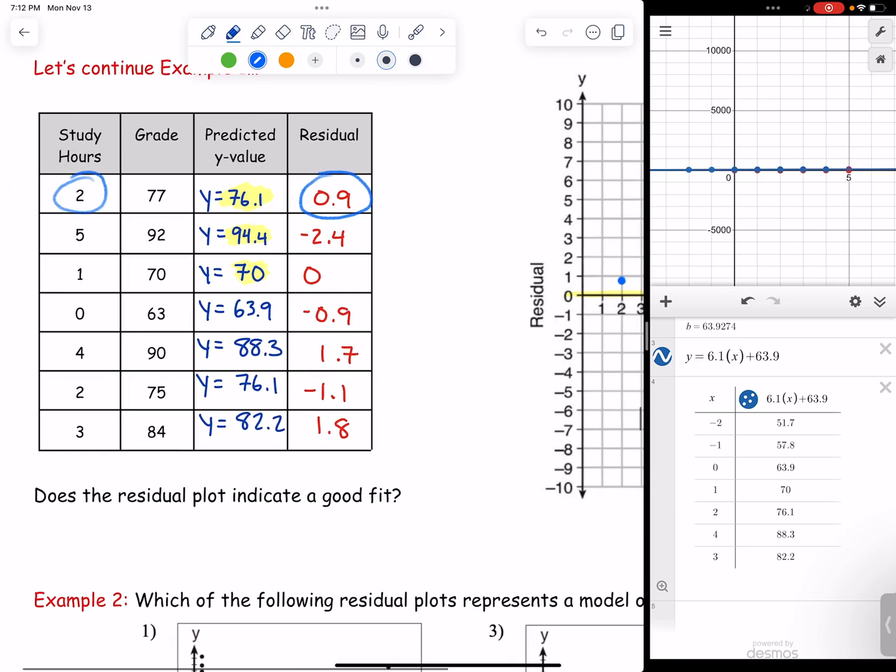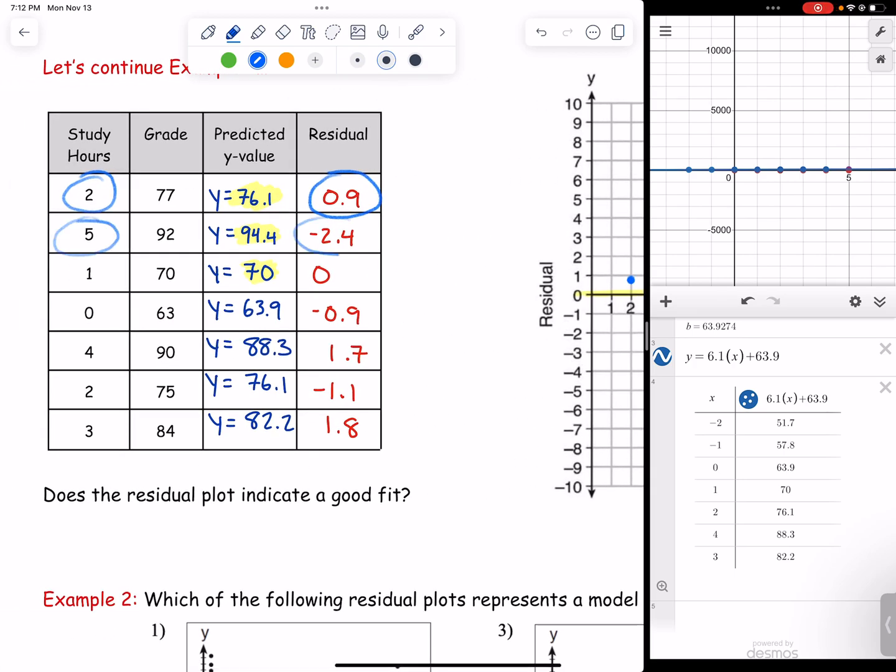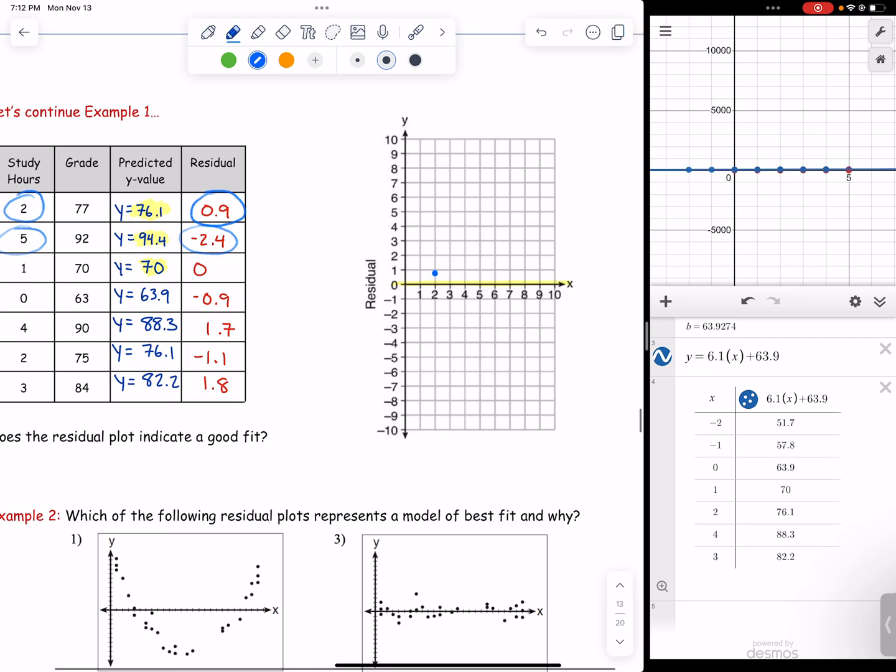Then I have 5, negative 2.4. So 5 goes with negative 2.4. 1 goes with 0. So it's right on the line. 0, negative 0.9. Right there. 4, 1.7. 2, negative 1.1. And 3 goes with 1.8.